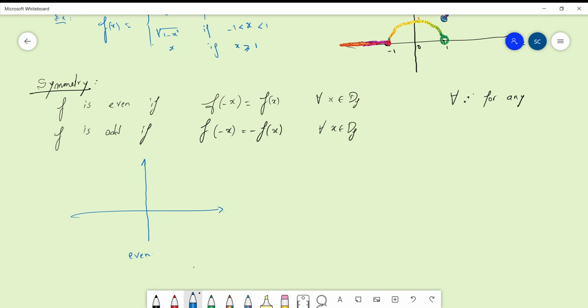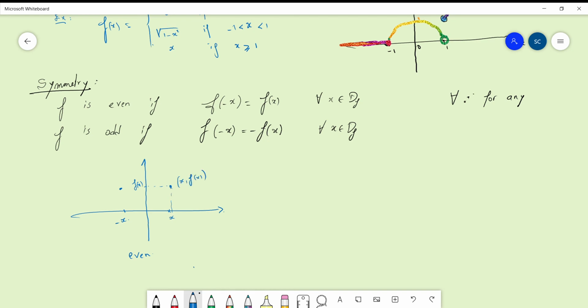The property says each time you take an x, let's say an x here, the minus x will be the opposite. What about f of x? f of x is somewhere, let's say it's here, the level f of x, so I have the point x, f of x that is part of my graph. Minus x, f of x is here. It's f of minus x. So this point has coordinates x, f of x.